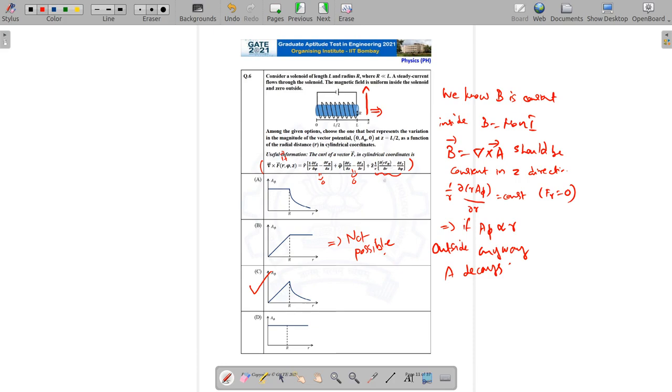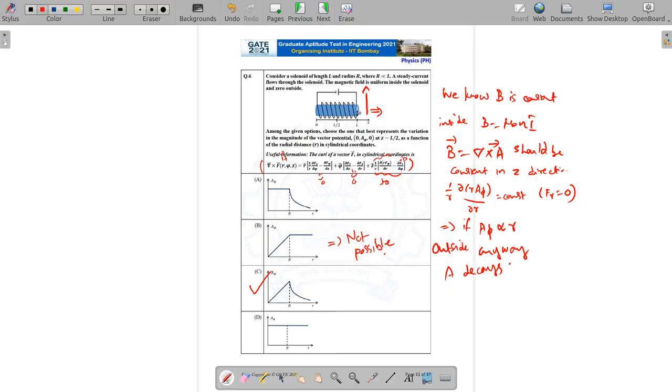So this is the only non-zero term, which equals mu 0 n i, a constant. We also see that there is no radial component for magnetic field because it's only in z direction. So F r is 0, this is also 0. So we end up with only 1 by r dou by dou r of r A phi being a constant, only this term.